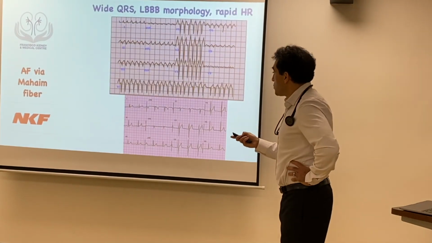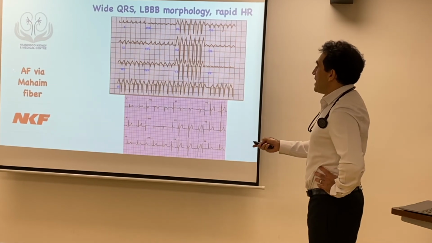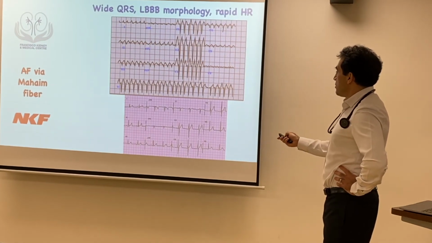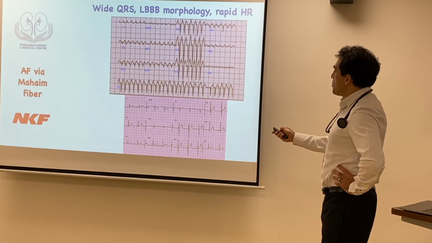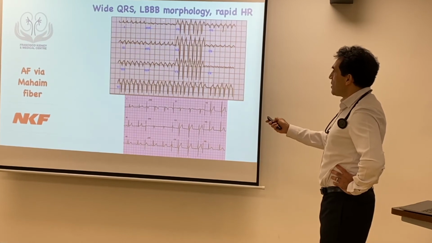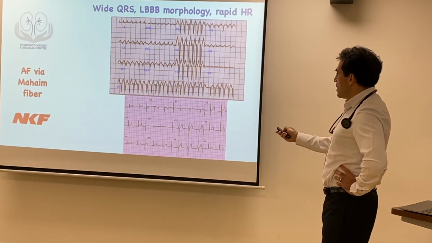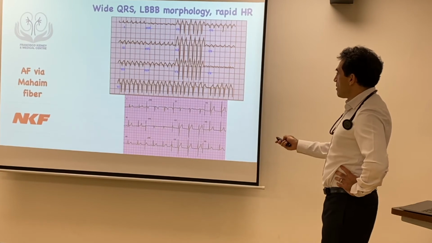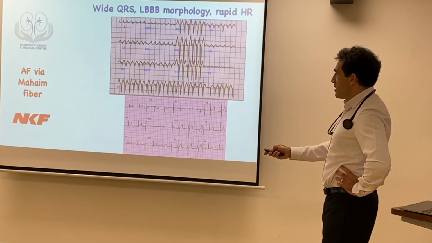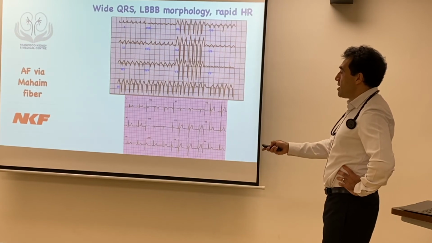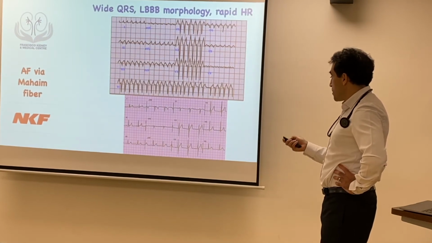So, for example, this one, there's atrial fibrillation. There are no P waves. But this one has a wide QRS complex. It has a left bundle branch block morphology, but it's quite irregular because there is a rapid activation through this so-called Mahaim accessory pathway or fiber.